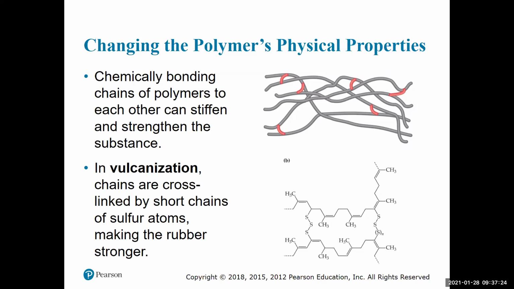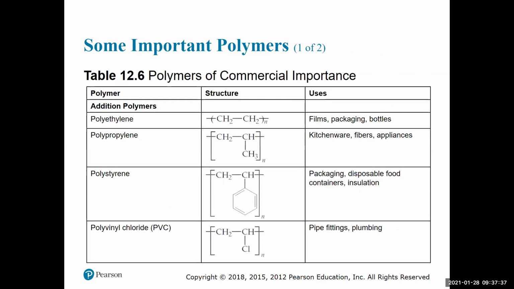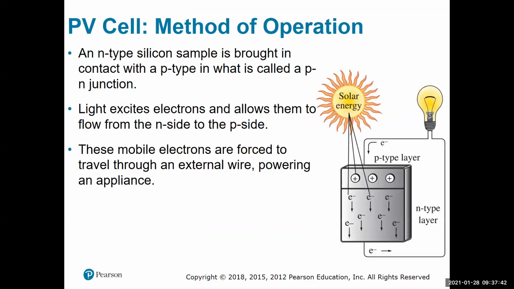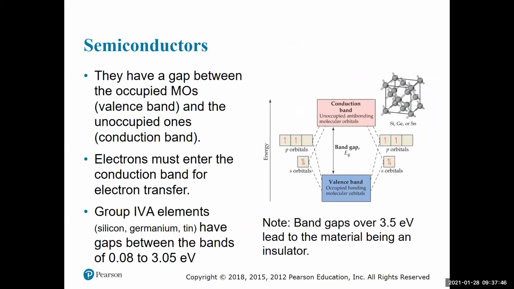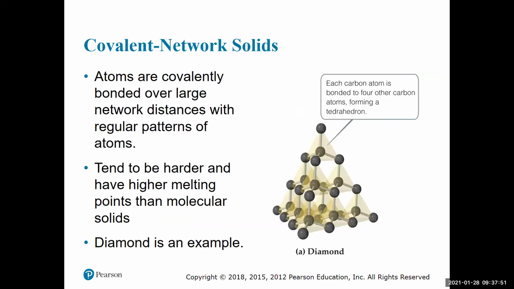Polymers are everywhere. And as time goes on, there's good and bad of that in terms of pollution, but also in terms of just reality of what we need to live. And then finally, the other thing we talked about is the hard materials, not the molecular solids, but the covalent network solids, which was diamonds and the semiconductors and things like that.